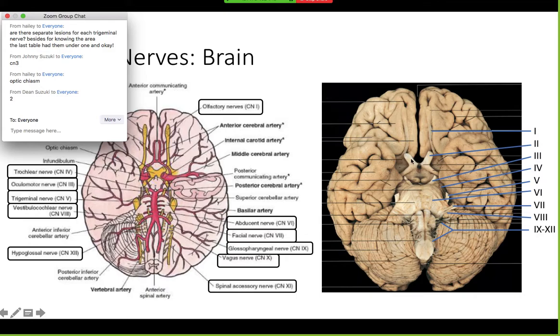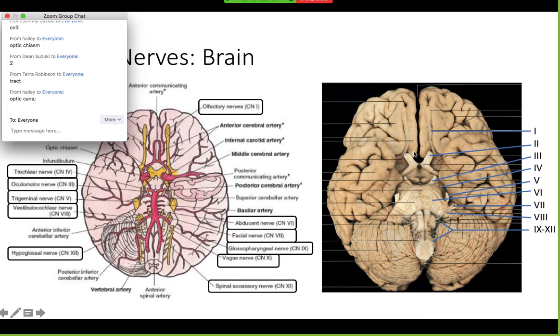So you want to make sure you know that if I tag the nerve right here, this is the optic nerve, this is the optic chiasm, and then what do we call this part right here? So this is the optic tract, right?